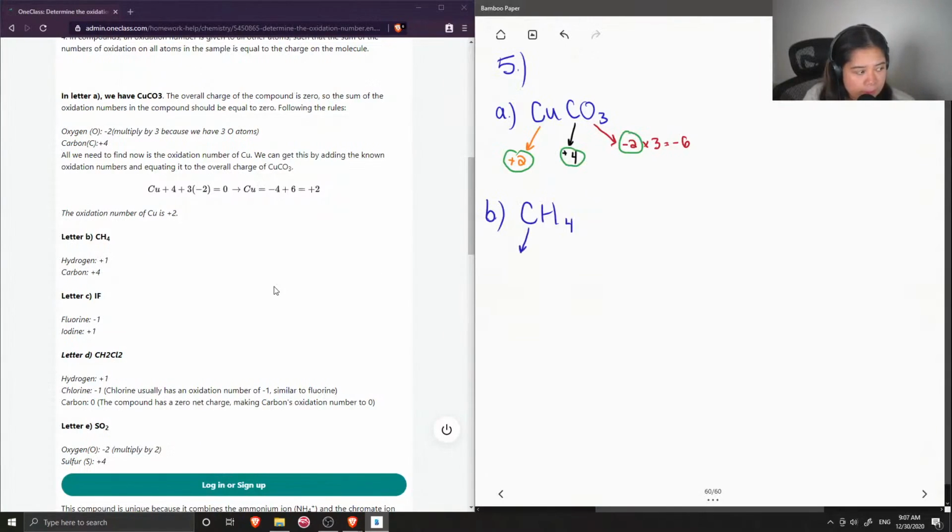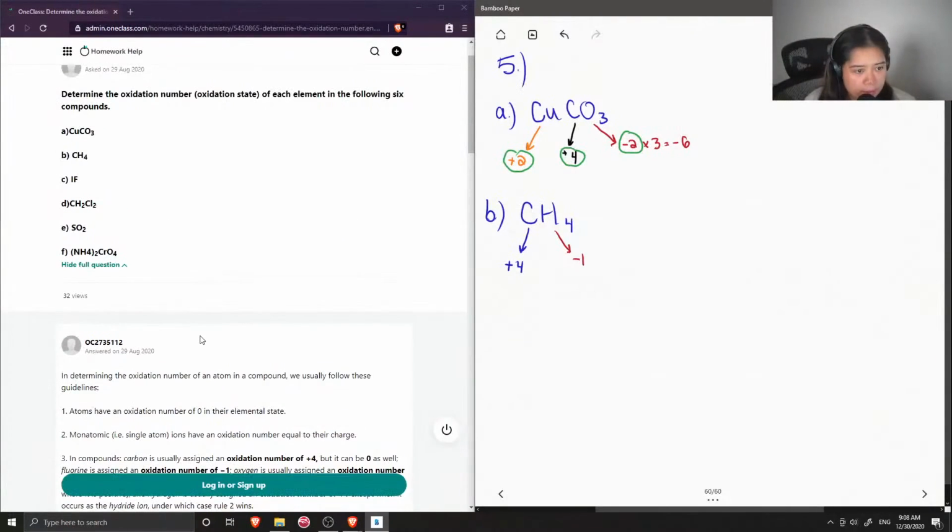So the carbon typically has an oxidation number of +4. But in the case of the hydrogens, hydrogen usually has an oxidation number of +1, like what they mentioned in the rules. But in order to neutralize the +4 from carbon's oxidation number, it makes sense if the hydrogen has an oxidation number of -1, and since there are 4 hydrogen atoms, then this balances out the carbon.